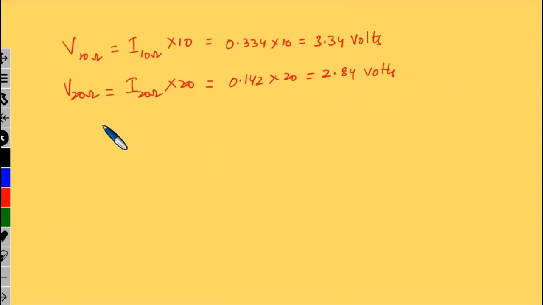Now apply the equation. So V10 ohm plus V Thevenin minus V20 ohm equals 0, because it is according to the KVL equation.